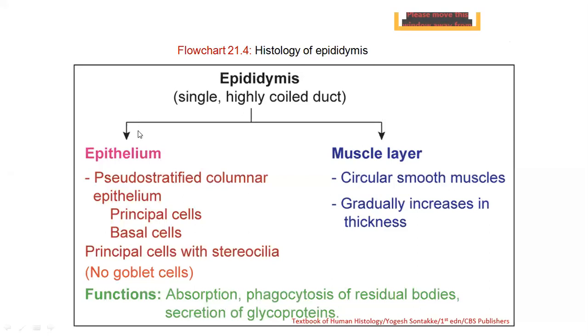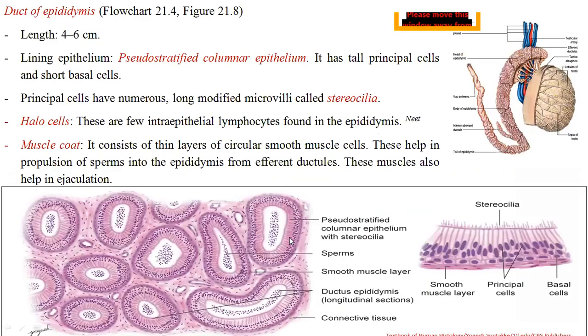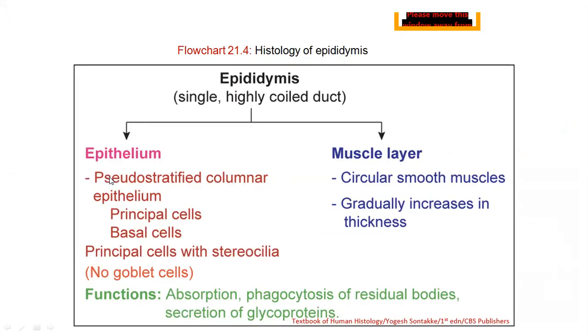Now we know epididymis is a single highly coiled duct where we have epithelium. What is the lining epithelium we have? That is pseudostratified columnar epithelium where we have principal cells, basal cells. Principal cells contain stereocilia, no goblet cells here.